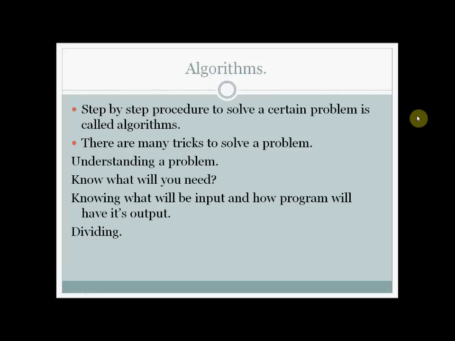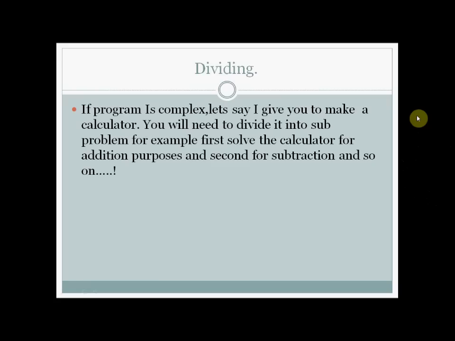And then dividing. If a problem is complex, meaning if a problem is really very big, then it's better to divide it into sub problems, then solve each sub problem, and then combine all the sub problems to solve the base problem, which was the real problem.